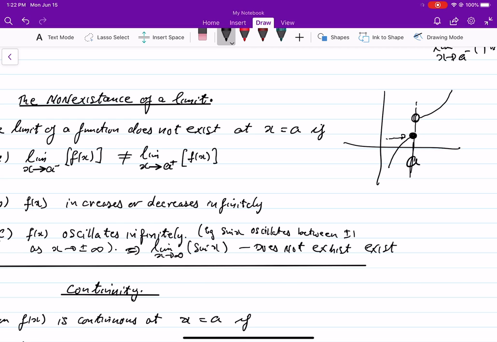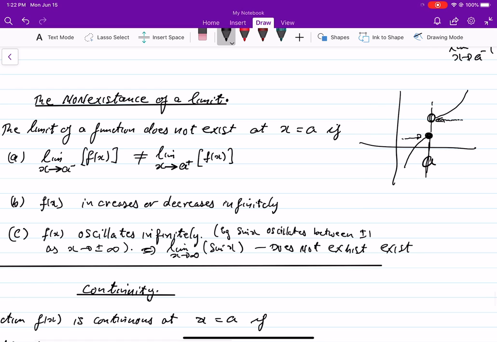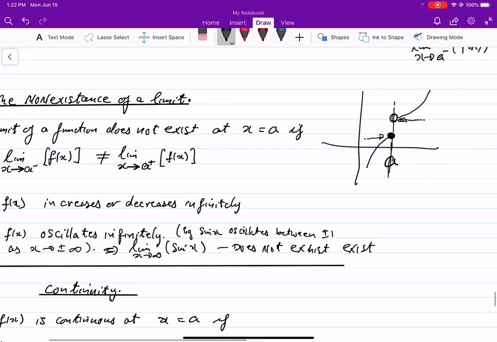And as x is approaching a from the right, the function is approaching a different value. This function, by the way, is discontinuous. So that's why the function is not approaching the same value from both sides. Right? So that's a situation that can occur. Let me get rid of all this scrappy stuff.